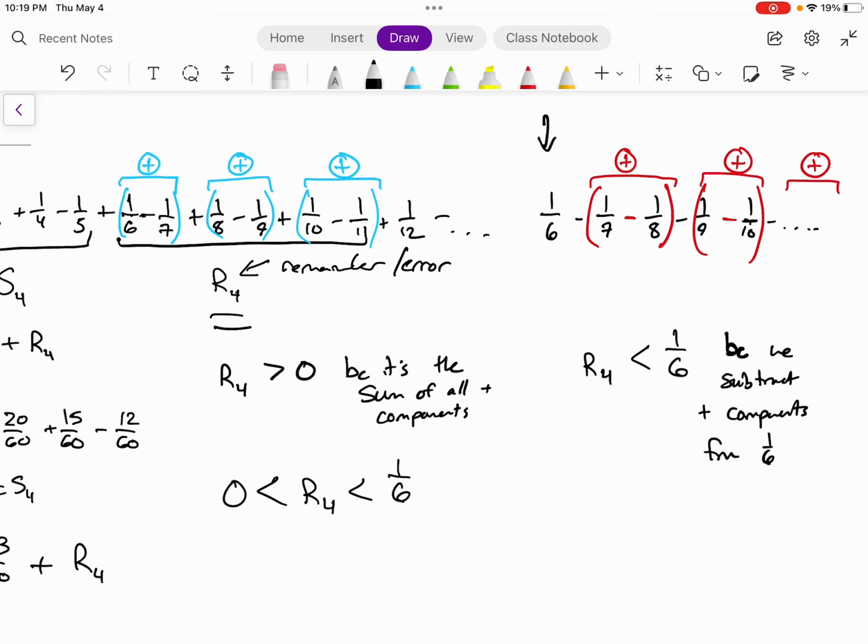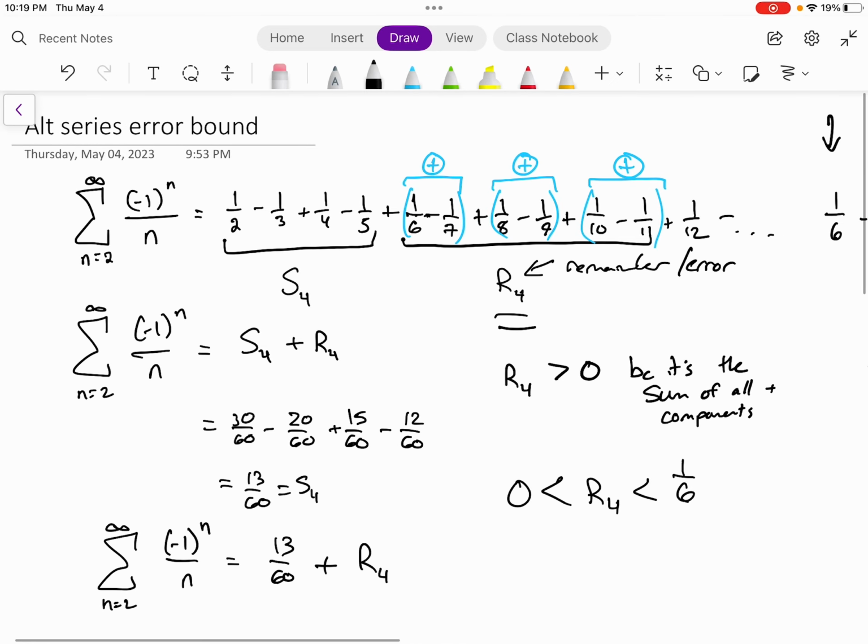What does that tell us? That tells us that if I have an alternating series, and I decide to chunk it at any point, here I chose to block it off at 4, well, that tells us that the sum of the rest of the terms can be no bigger than the next term. If I chunk it off at 4, the sum of the rest of the terms is bounded by 1/6.